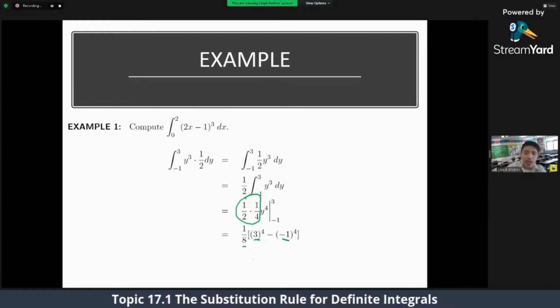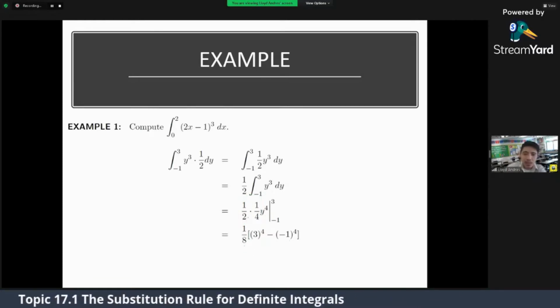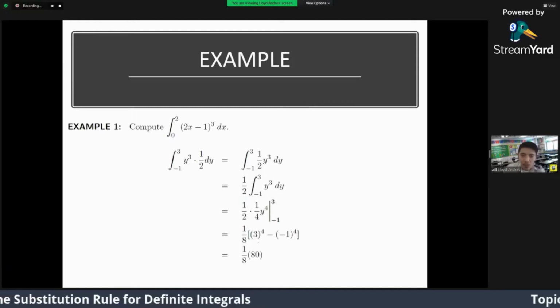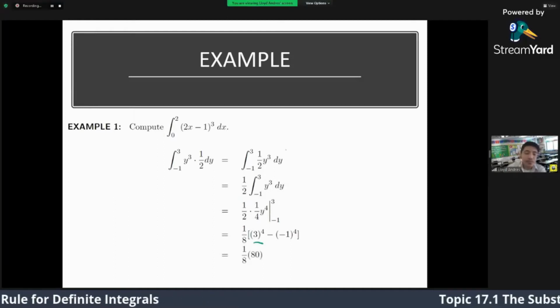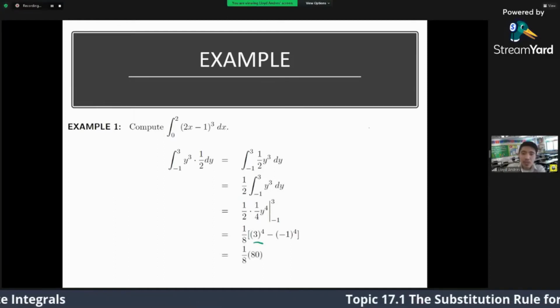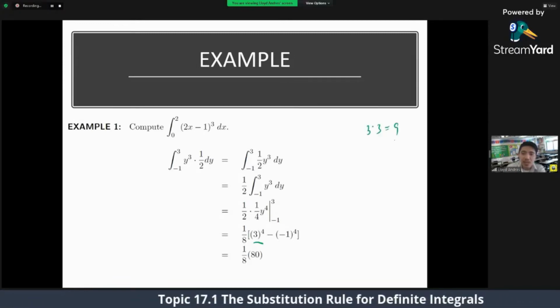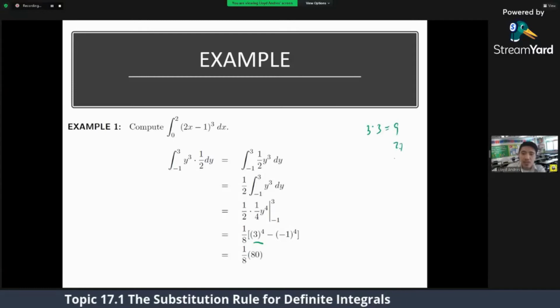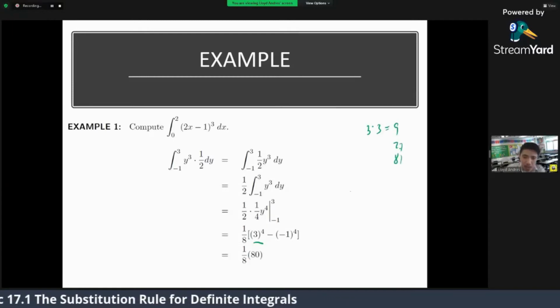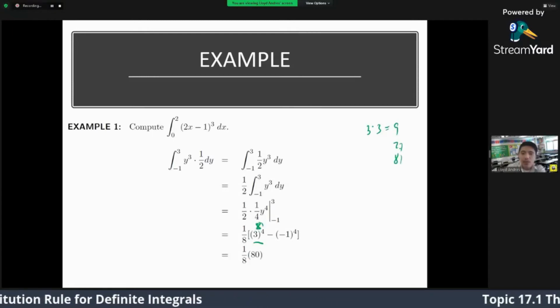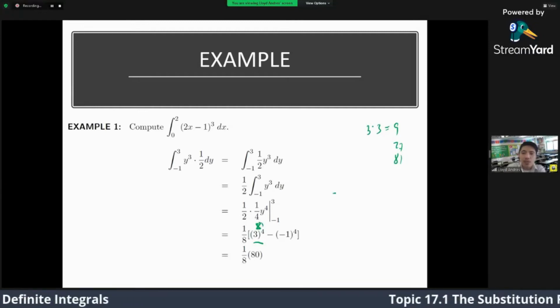Simplifying, 3 raised to 4 is 3 times 3 is 9, times 3 is 27, times 3 is 81. Then negative 1 raised to 4.